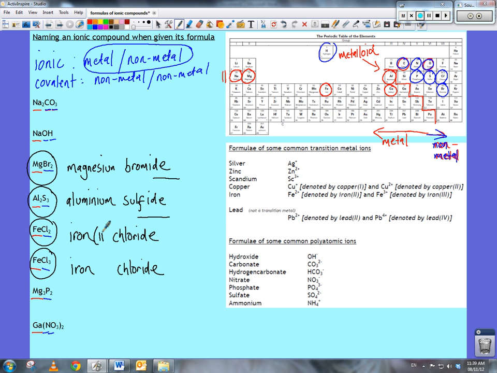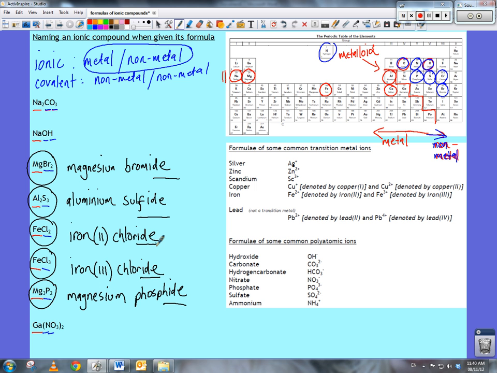So iron(II) and iron(III) chloride. Underneath we have, again, magnesium and phosphorus. Instead of calling it magnesium phosphorus, we call it now magnesium phosphide, because those elements are now combined into other compounds.